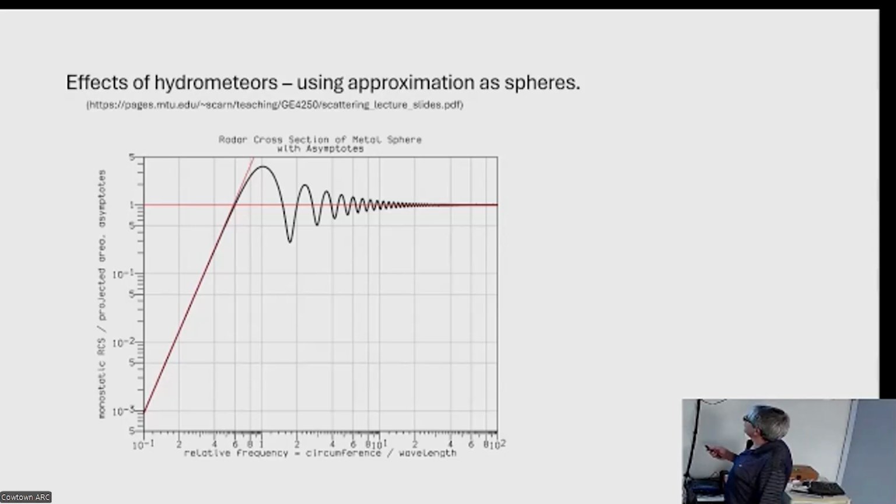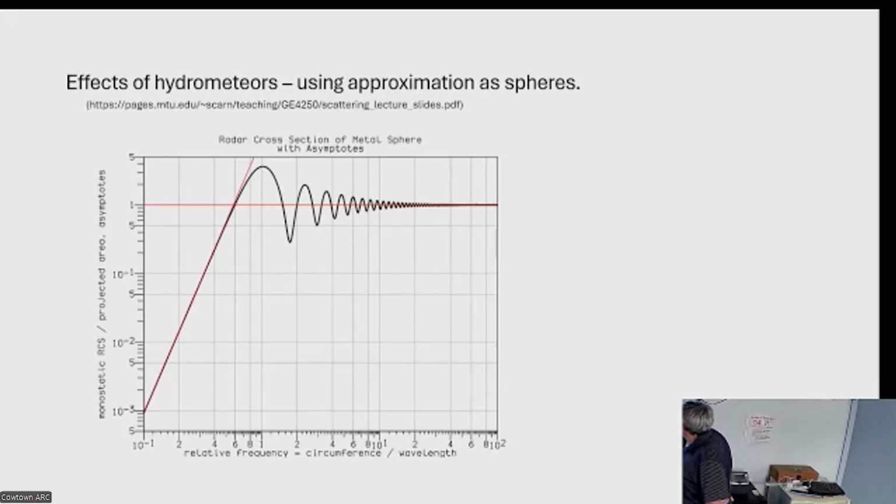When we're talking about raindrops especially, we usually use the Mie scattering model. It's a model that's been around for quite a while, studying the scattering from a metal sphere, and it has some interesting behaviors.